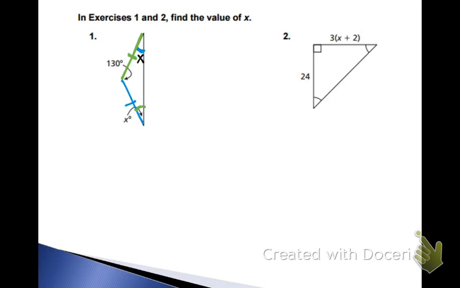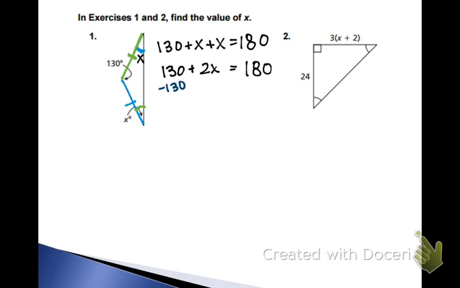We're going to solve. So we have X, 130, and X. They're all three angles. What do we know about the three angles in a triangle? They add to 180, so let's add them. 130 and X will equal 180. So we have 130 plus, what's X plus X? 2X equals 180.